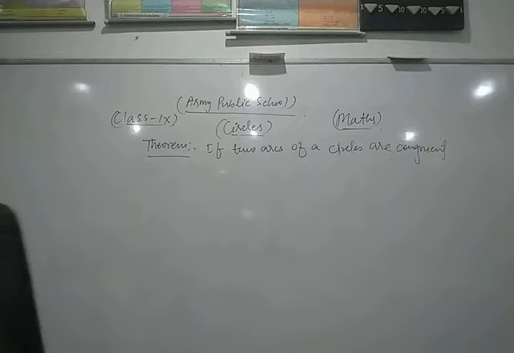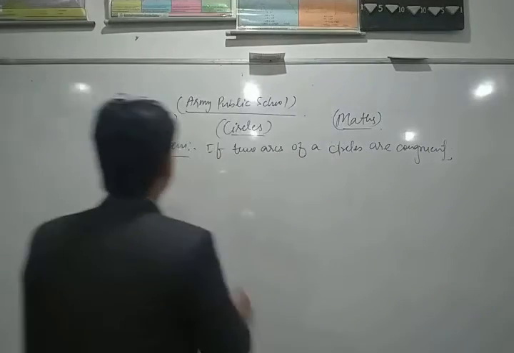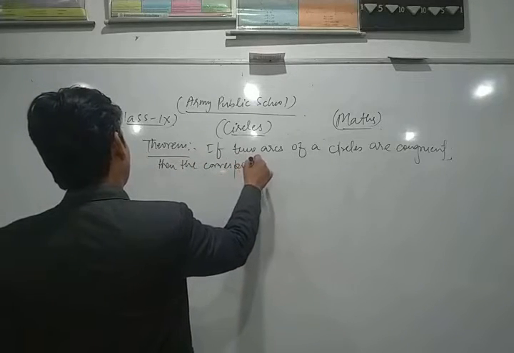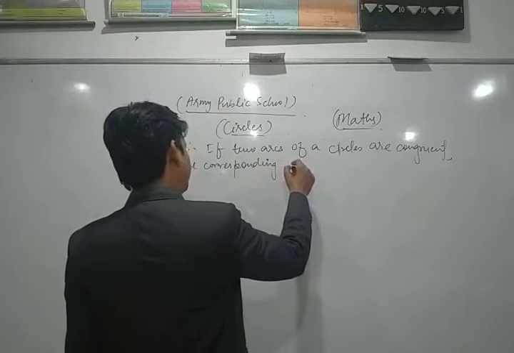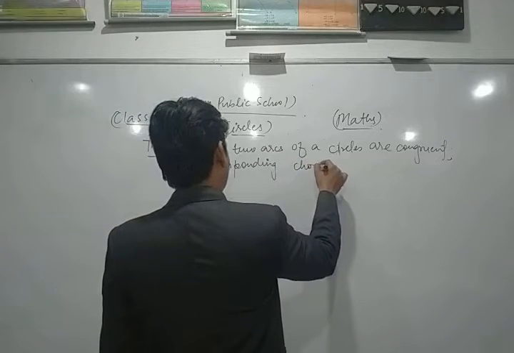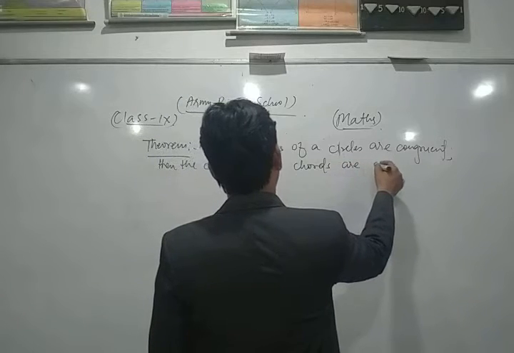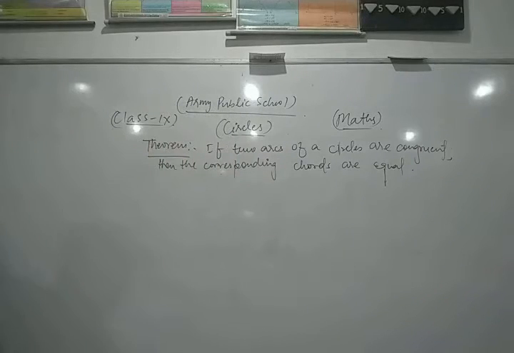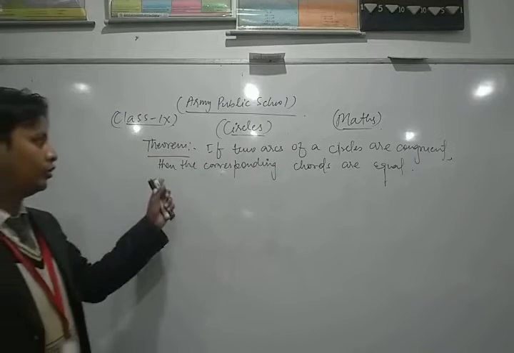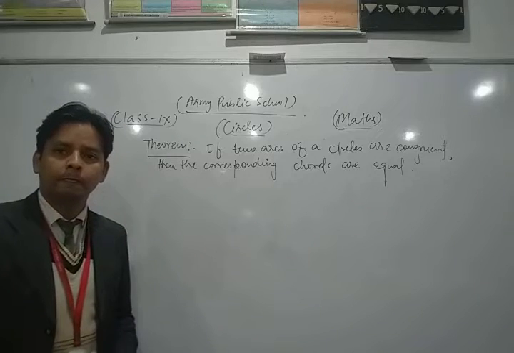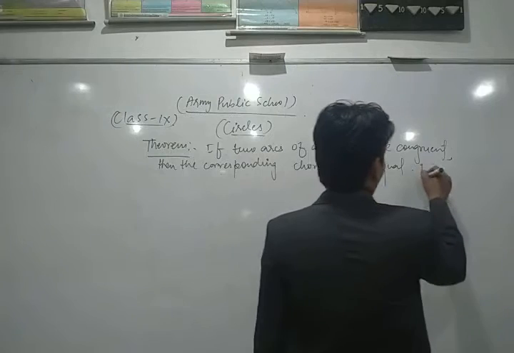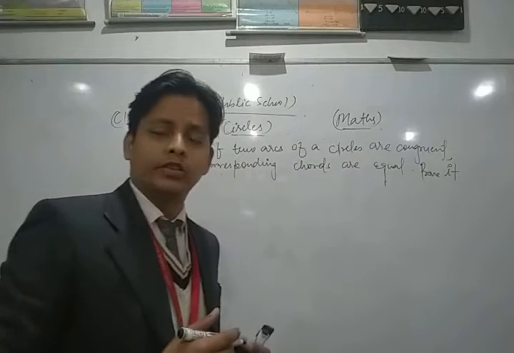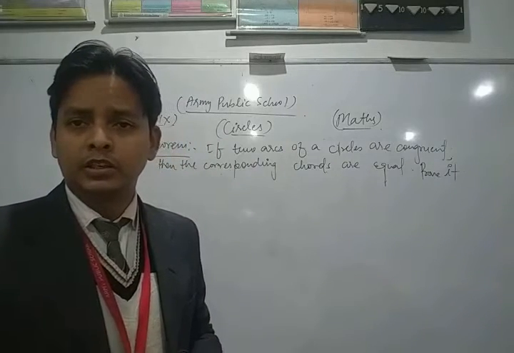Then the corresponding chords are equal. If two arcs of a circle are congruent, then the corresponding chords are equal. Prove it. So, dear students, this is a very important theorem related to this chapter.